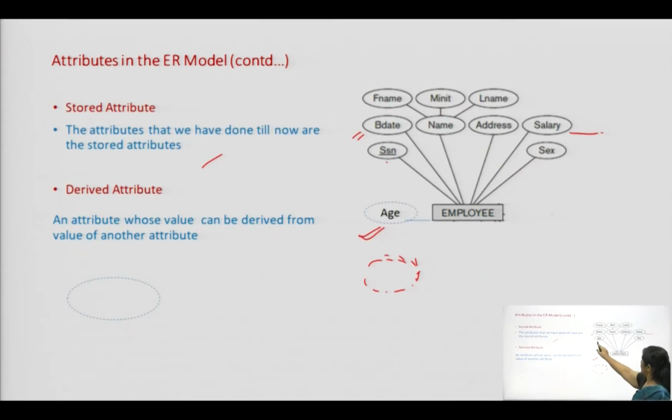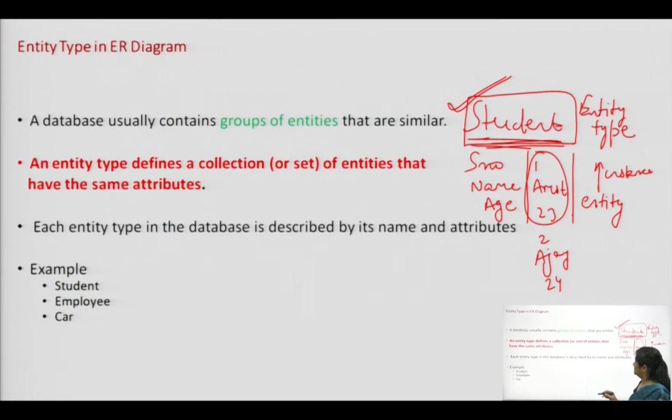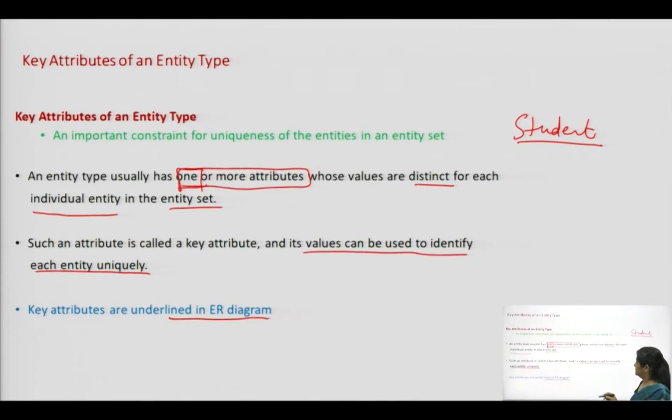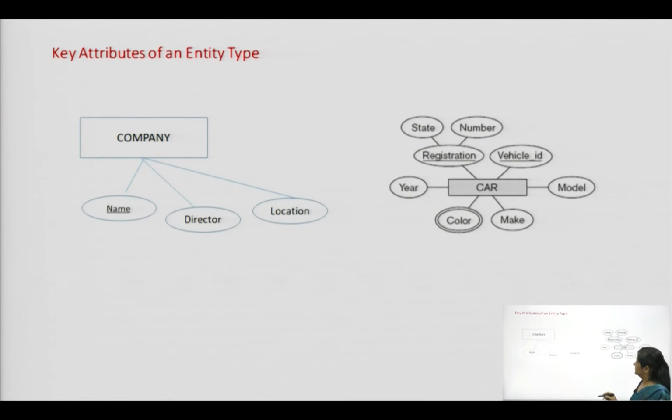Similarly, here we have underlined SSN. So, SSN is a key attribute over here. This SSN will always distinguish the various entities in the employee entity, or the various employees that exist. Again, look at this example.